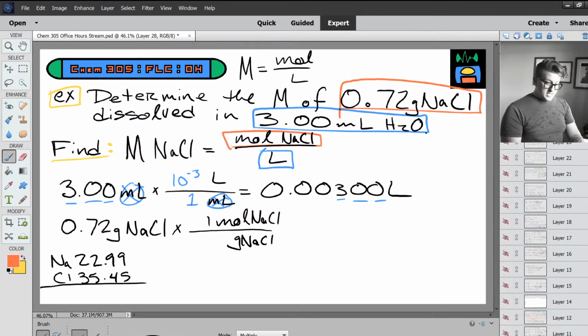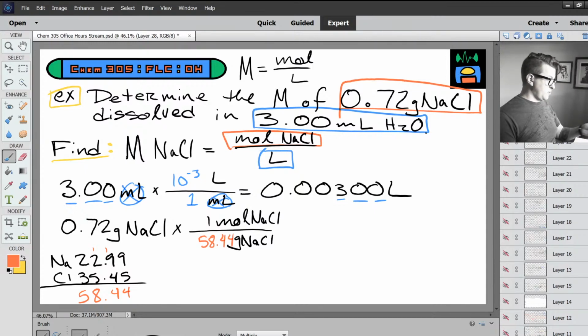So when you add these two together, let's see, that'll be 58.44 grams in 1 mole.